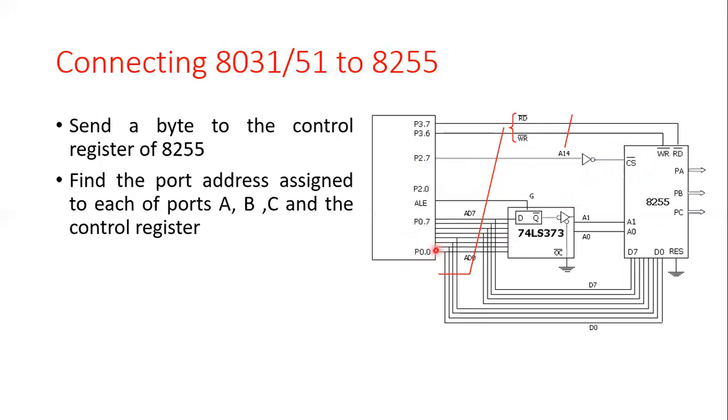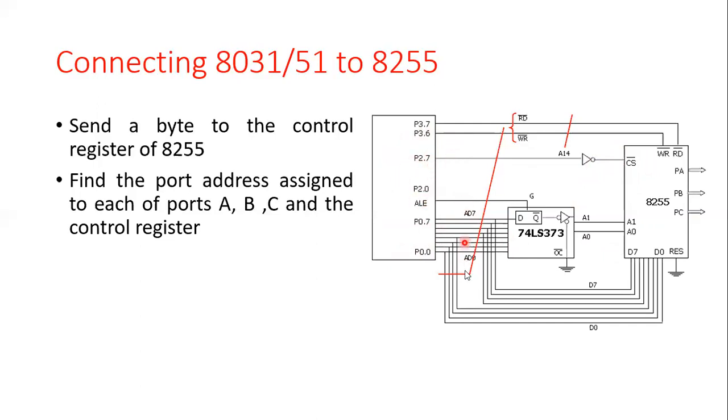Whenever we use external memory, generally we use a 16-bit address, isn't it? The lower byte of the address is carried by AD0 to AD7, that is carried by port P0. The higher byte of the address is carried by port P2.